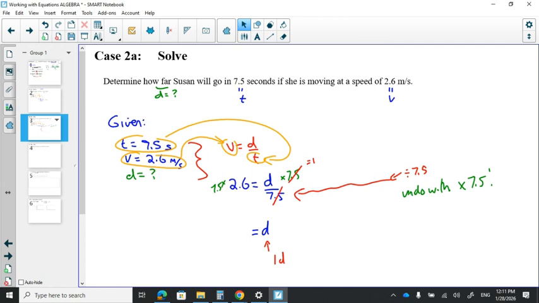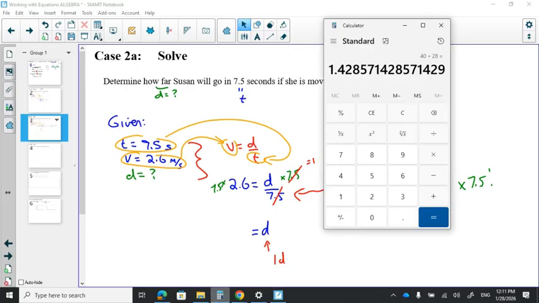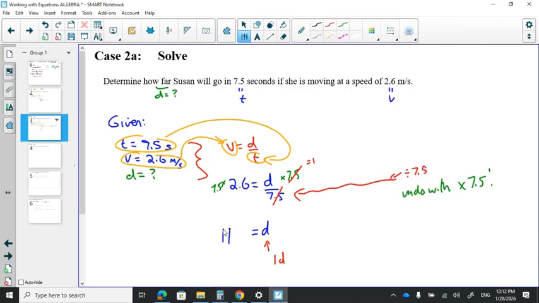So 7.5 times 2.6 gives us 19.5. And because we are in meters and seconds, it's just going to be meters.